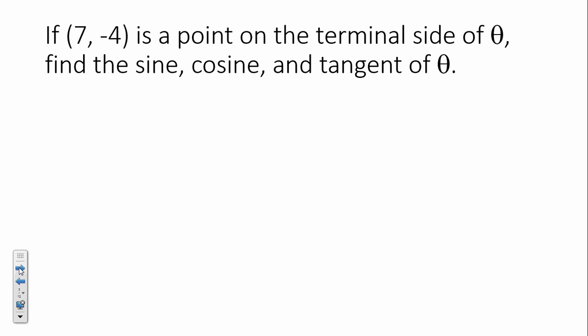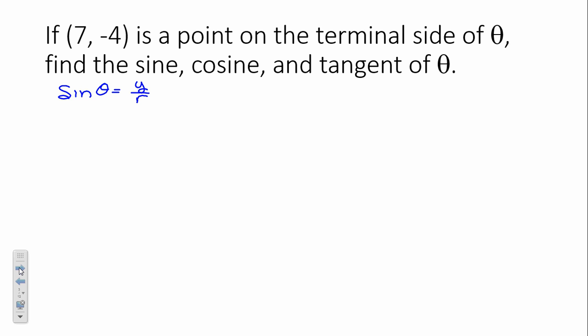So, if (7, -4) is a point on the terminal side of theta, and they want us to find the sine, cosine, and tangent of theta, we know our x is 7, our y is -4. The sine of theta is y over r.